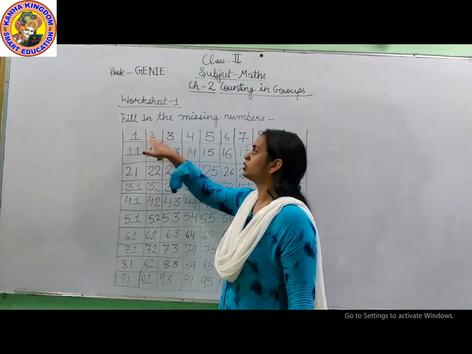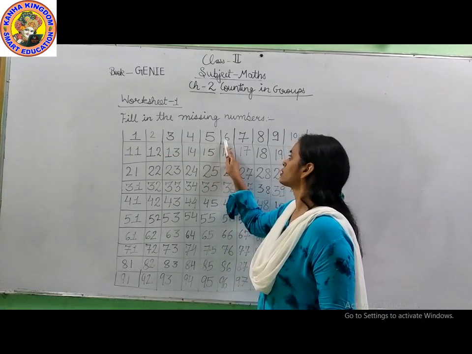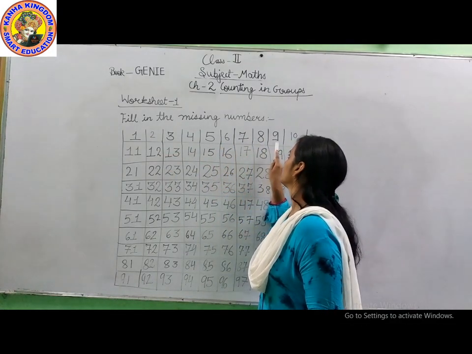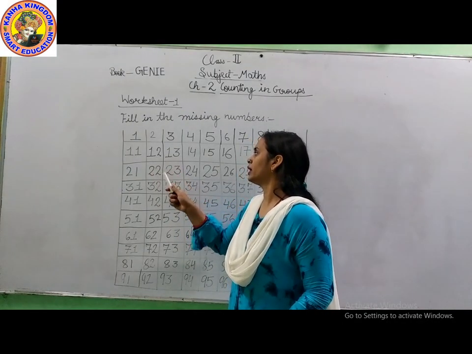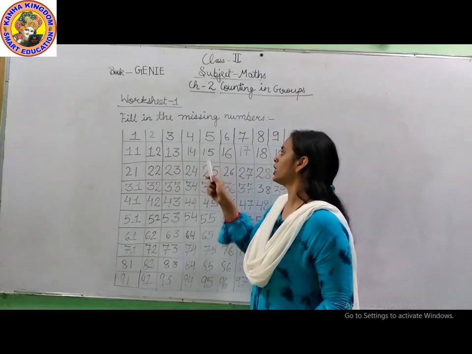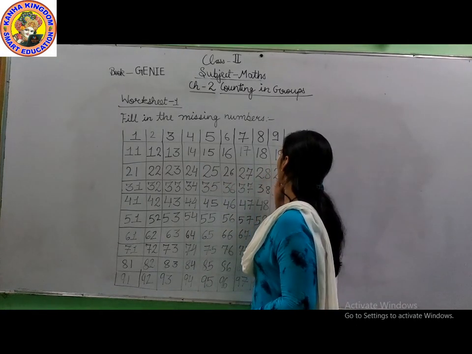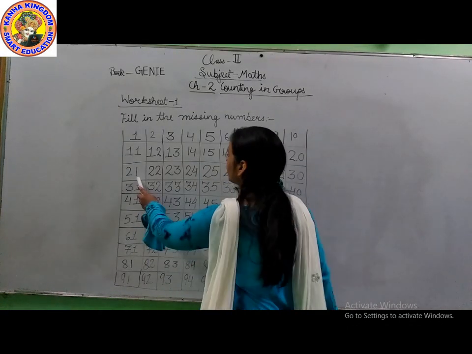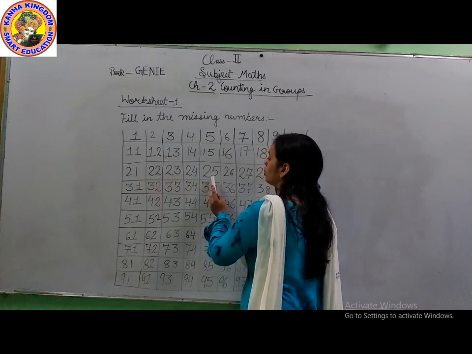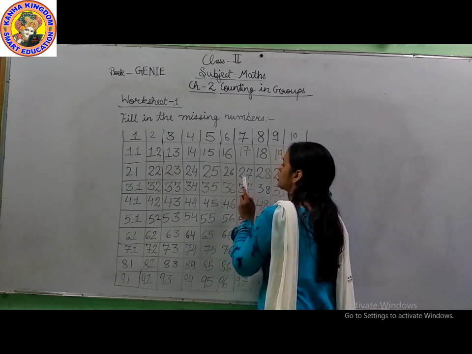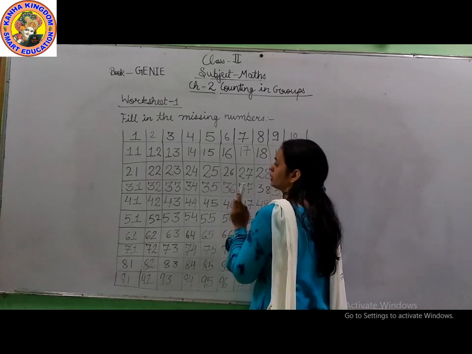So 1, 2, 3, 4, 5, 6, 7, 8, 9, 10, 11, 12, 13, 14, 15, 16, 17, 18, 19, 20. 21, 22, 23, 24, 25, 26, 27, 28, 29, 30.